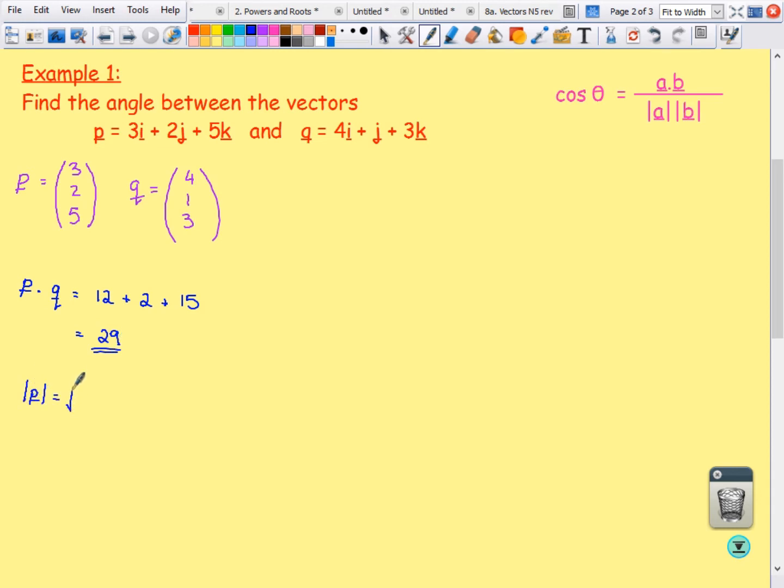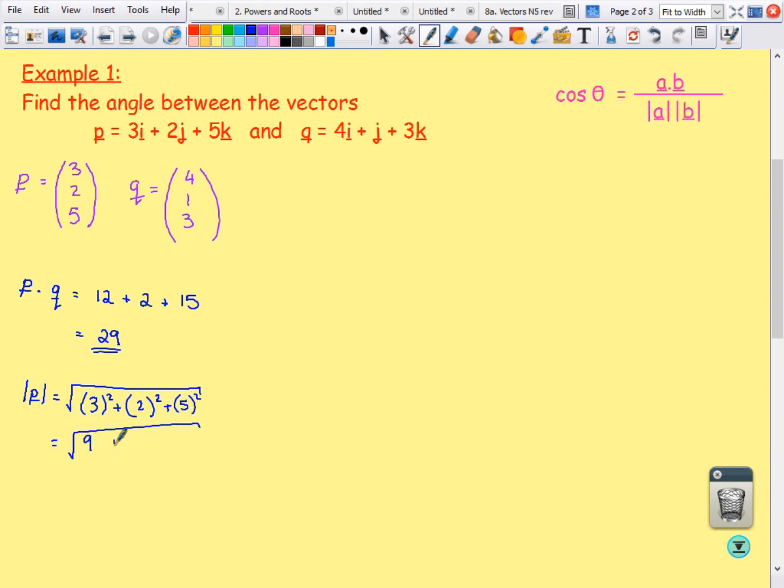So that's square root. It's 3-dimensional, so 3 blank spaces. So here's P, so it's a 3, a 2 and a 5. So in here it's going to be a 3, a 2 and a 5. So you can help me out with the arithmetic of this. What's 3 squared?